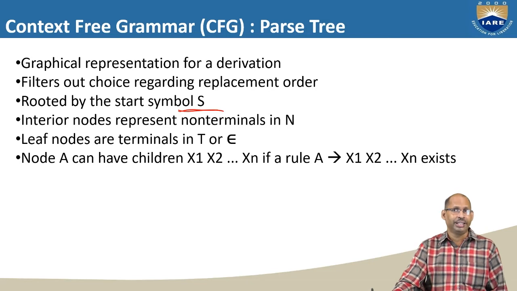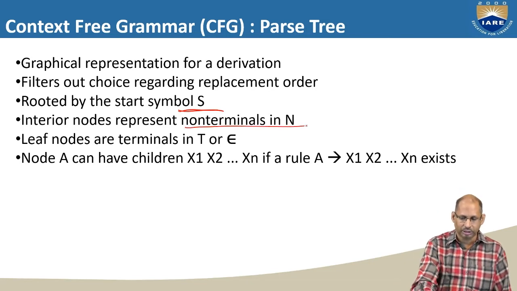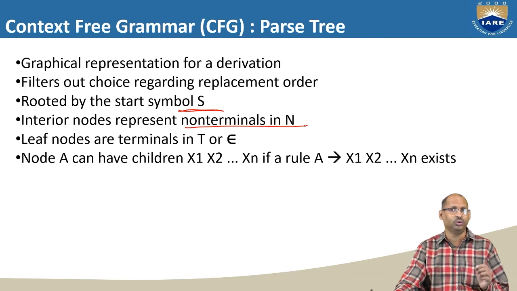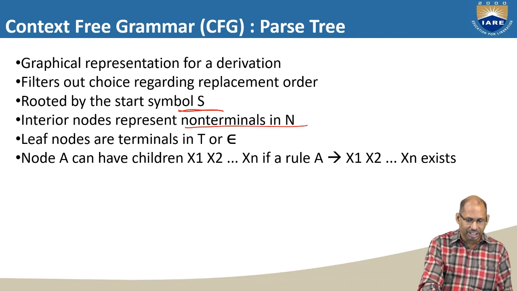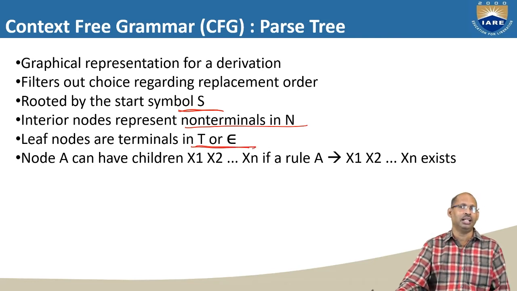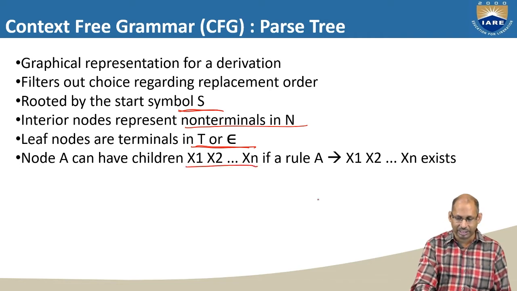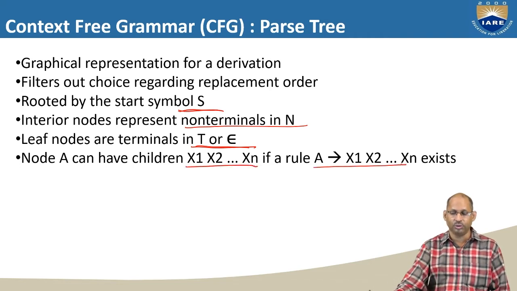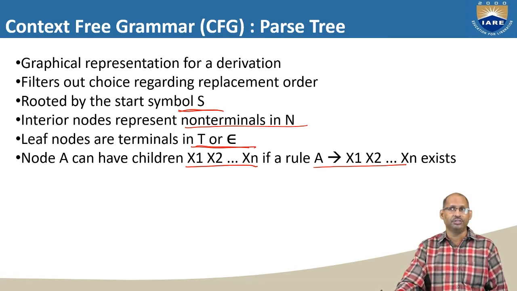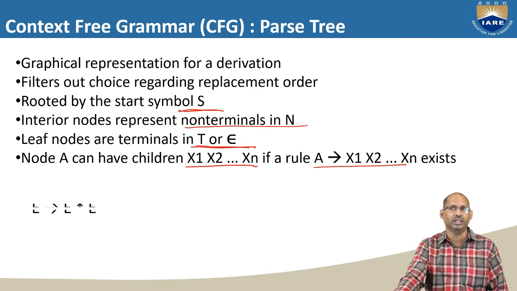And the interior nodes will represent the non-terminals in N. The leaf nodes will always have a terminal or epsilon. A node can have the children x1 to xn if there is a production rule A gives x1 to xn. Right? If the production rule A gives x1 to xn, then the node A can have children x1 to xn.